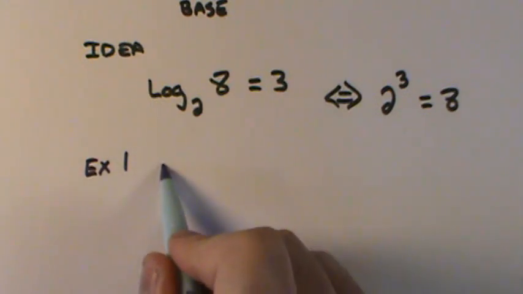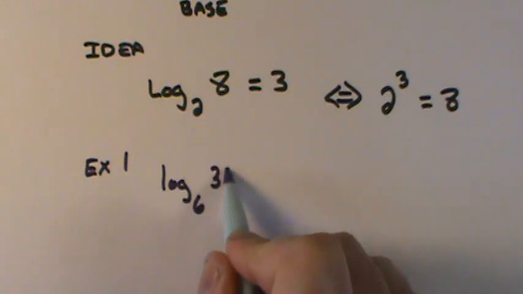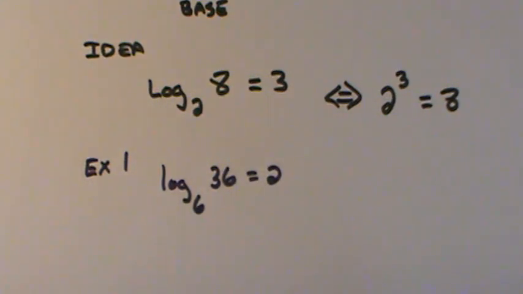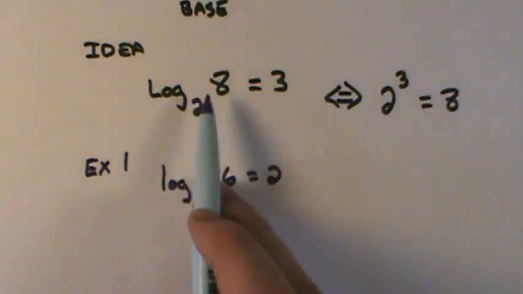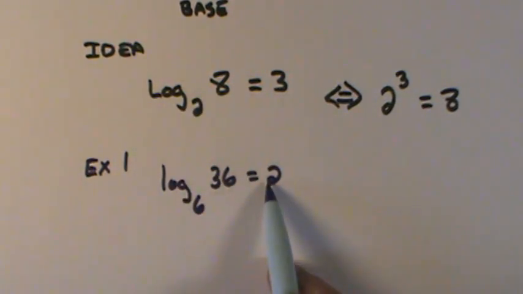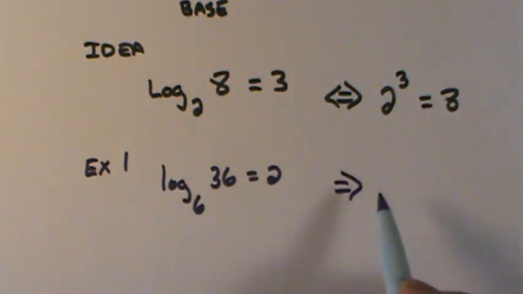I've got a problem that says log base 6 of 36 equals 2. And the instructions are saying, can you convert this into exponential form? So looking at this idea that I did above it, you could say 6 to the second power, or 6 squared, equals 36.